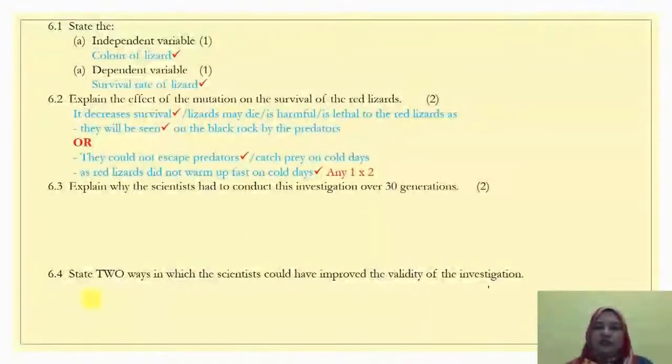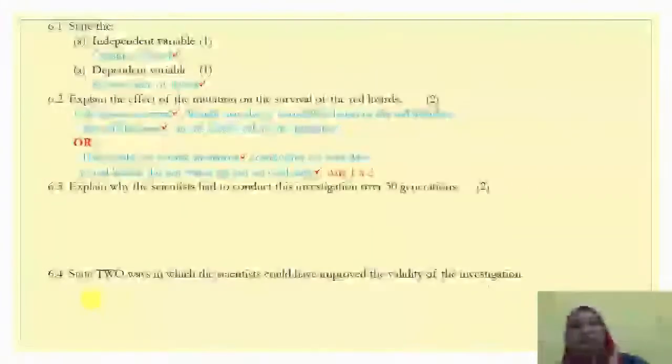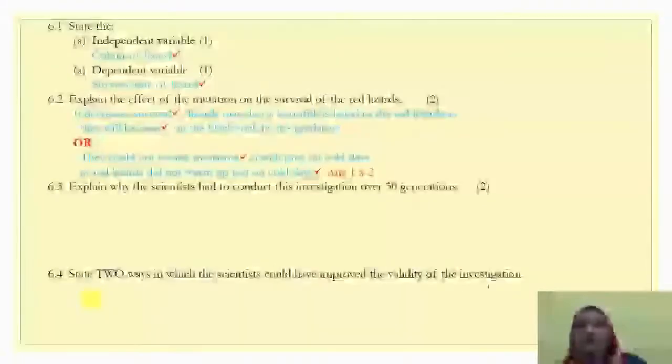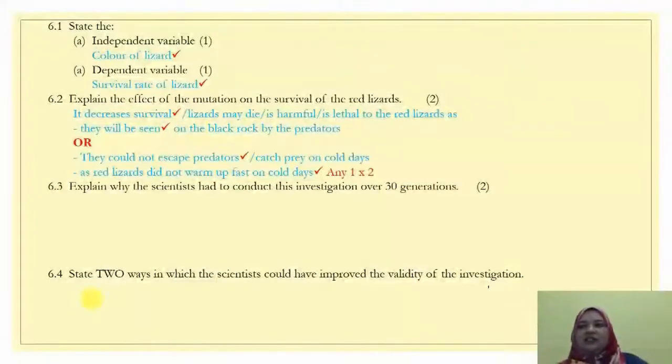So you use the same method. You must be in the same area to catch the lizards. You can't go one day catching them around your house, and then the next day go to your granny and look for lizards there. No. So it must be the same area. It must be conducted by the same methods of capturing the lizards, the same way of measuring them, the same place where you release them. Everything must be the same.